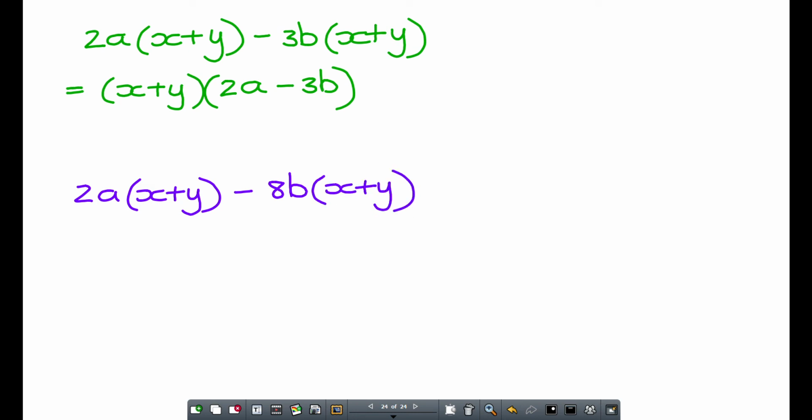Okay, so same thing. I'm going to take the bracket out as a common factor. So x plus y. En dan bly daar mos nou oor 2a en hier bly oor minus 8b. Nee. Now please do not stop there because have a look at the last bracket. Is that fully factorized? Wat kan ek daar nog gaan uithaal as 'n gemeene faktor?